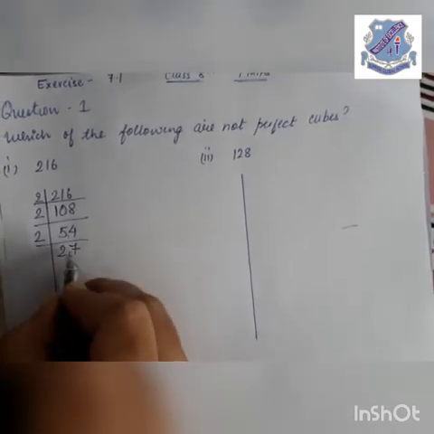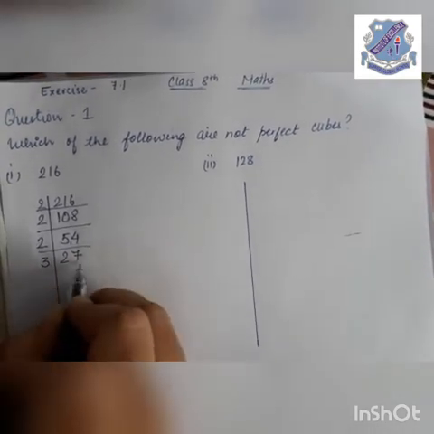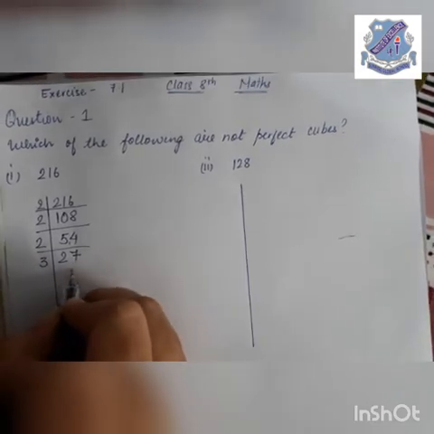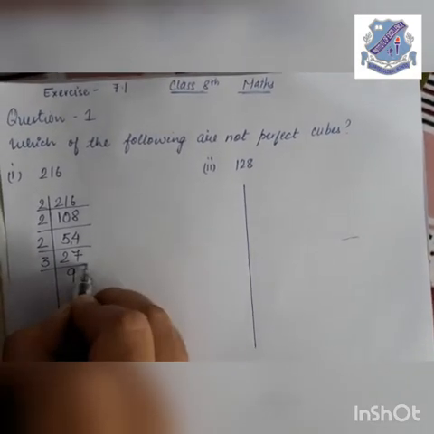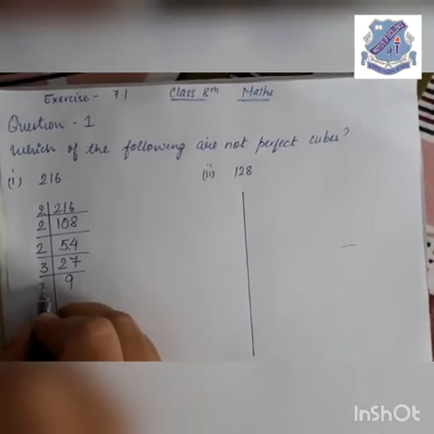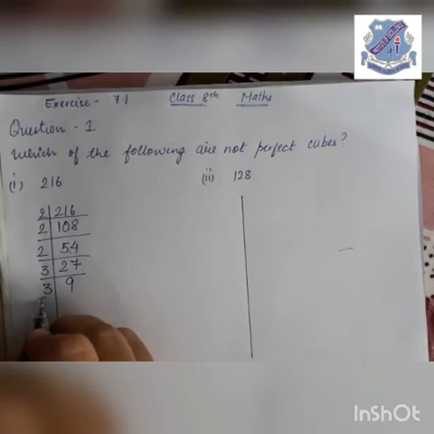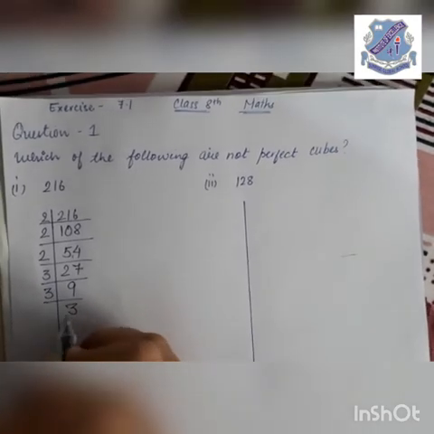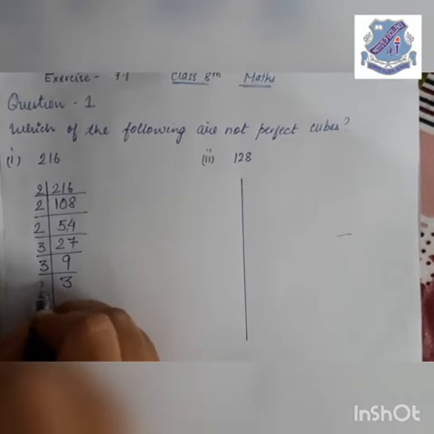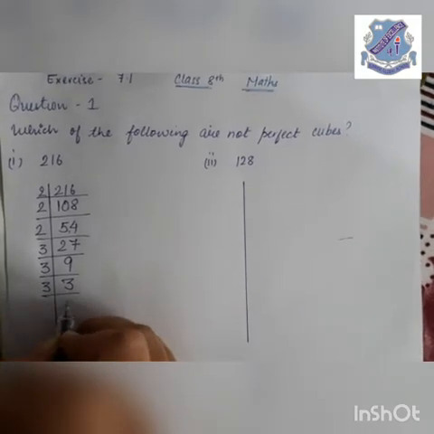So we'll divide this number by 3. While dividing 27 by 3, 27 comes in the table of 3 for 9 times, correct? So now the answer is 9, and again dividing the same number by 3 we'll get 3 3s are 9.